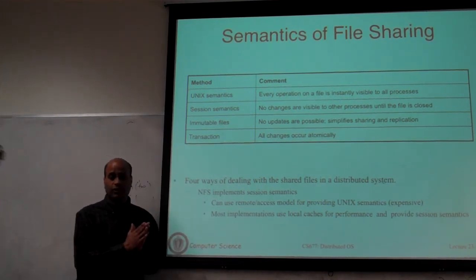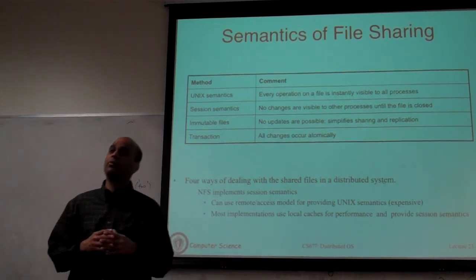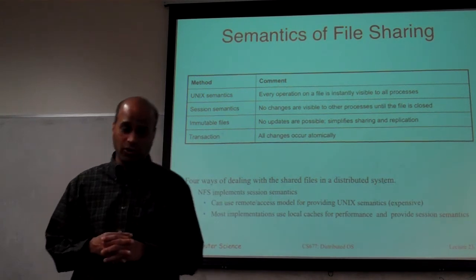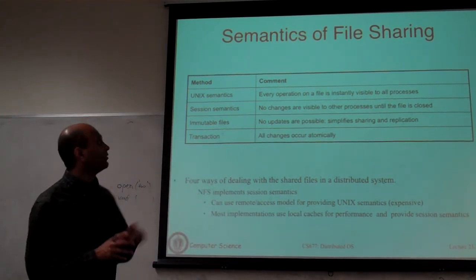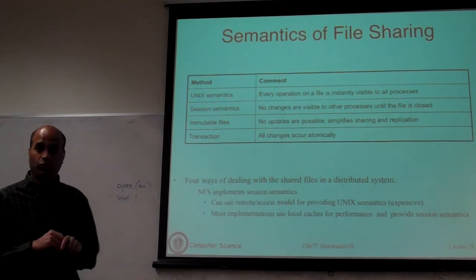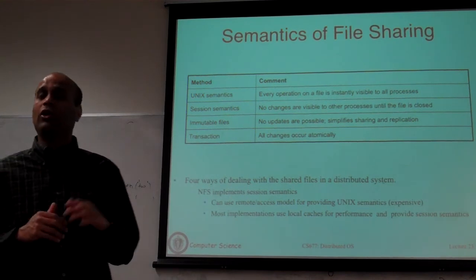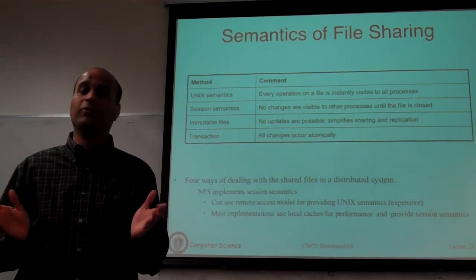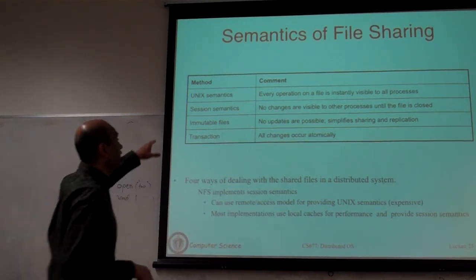Now that's security policy. Now we'll talk a little bit about consistency and caching and so on. To understand how consistency works, we have to understand the semantics that the file system provides. Any local file system on any Unix-like machine provides what are called Unix semantics.